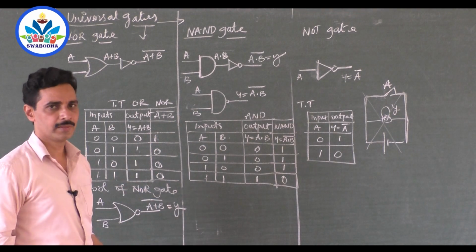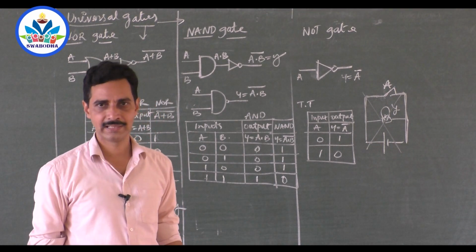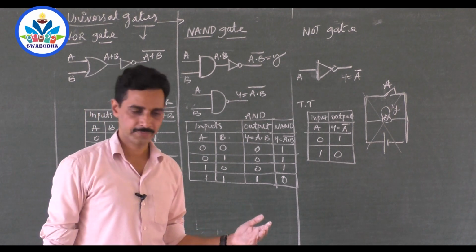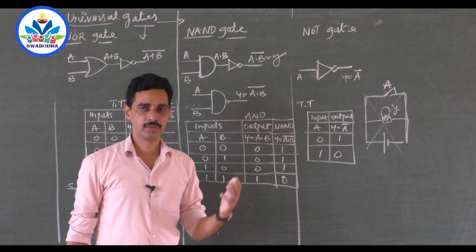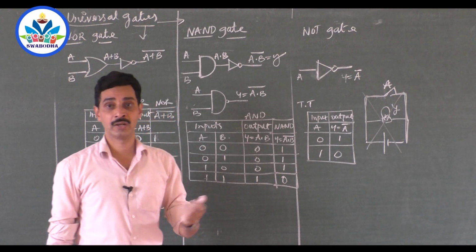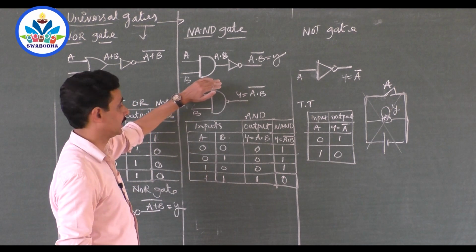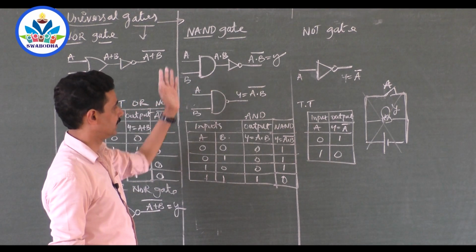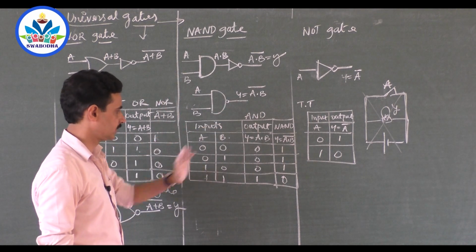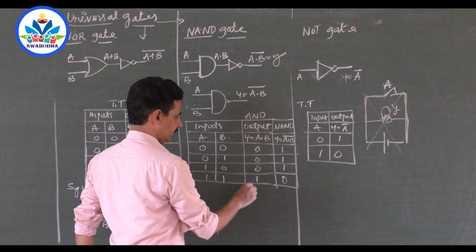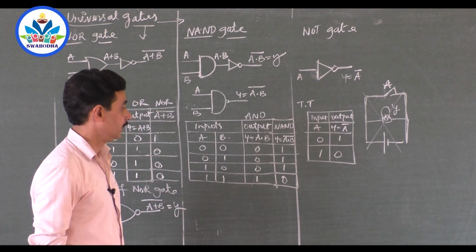Write the truth table of the NAND gate. All these questions are possible: symbol, truth table, and combinational logic circuit. How do you construct a NAND gate? Connect the output to the NOT gate and write the symbol like this. Write the truth table.